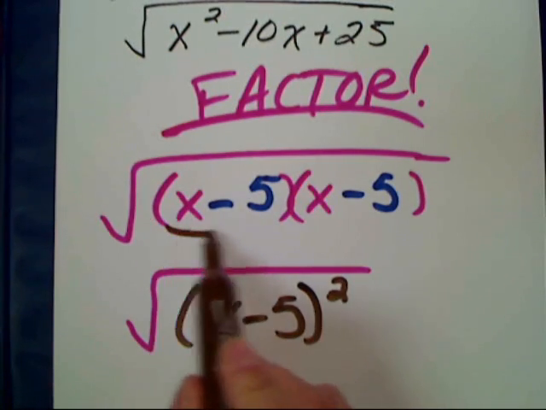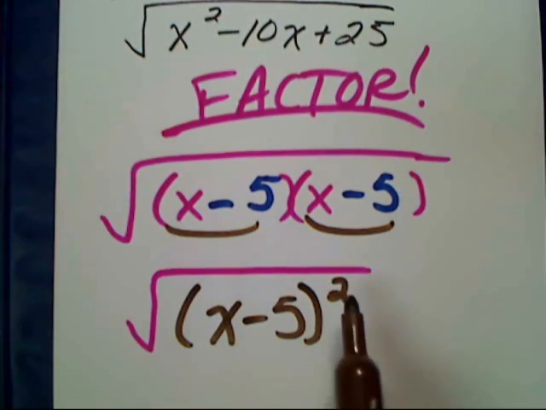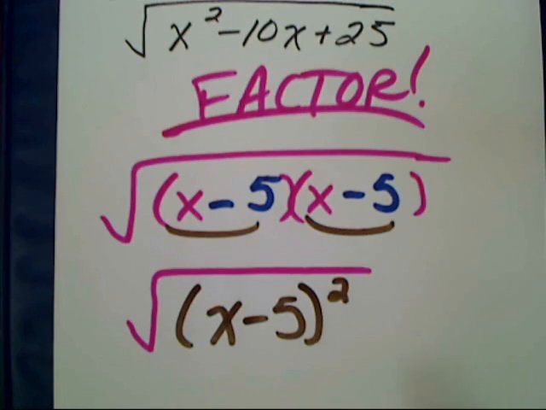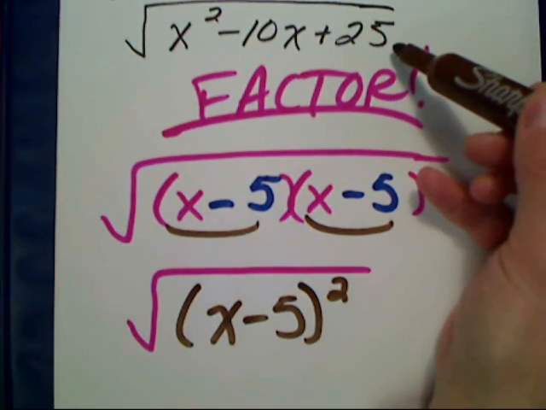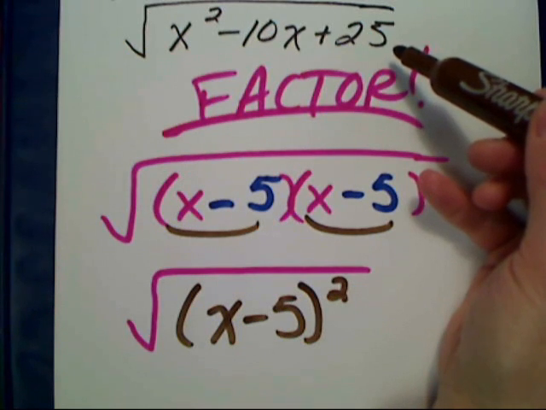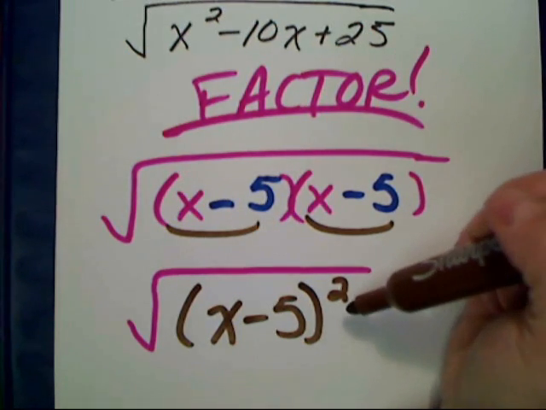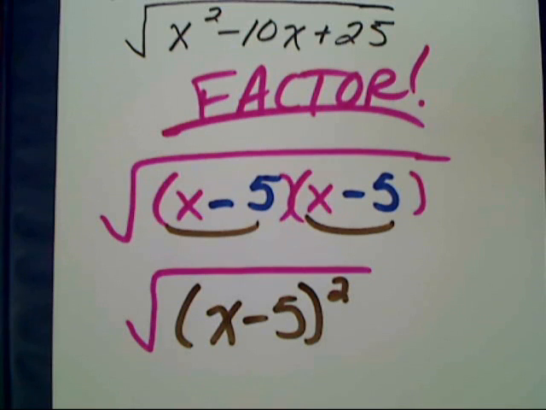So because these are the same, I can write that as a quantity squared. So x minus 5 quantity squared is the same thing as this trinomial of x squared minus 10x plus 25. So I didn't change the value of it, I changed what it looks like. And now I have a quantity squared that I'm taking the square root of.